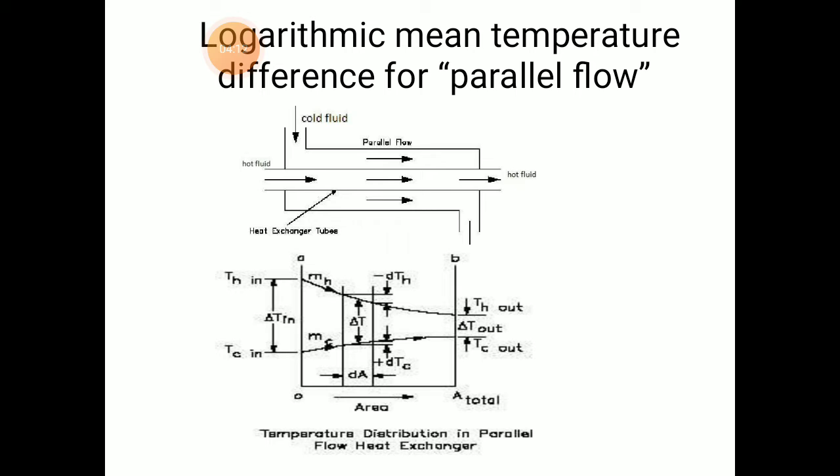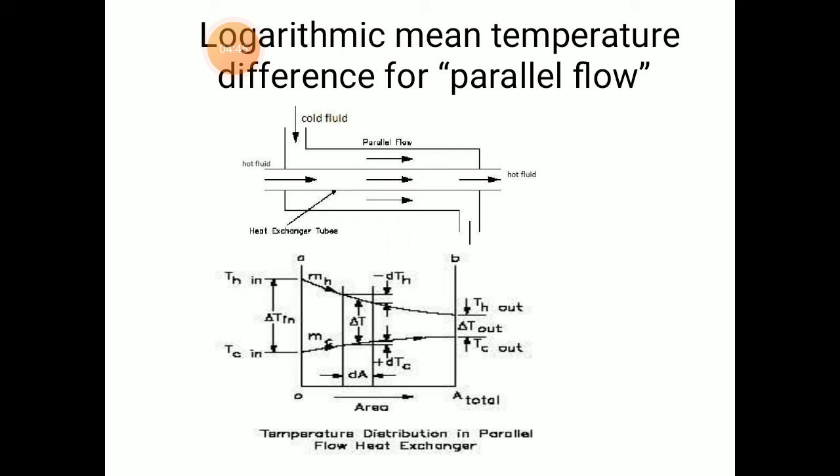So first, logarithmic mean temperature difference for parallel flow. Observe the first figure. When hot fluid flows from left to right, at the same time cold fluid is allowed to flow through the annulus region, so heat exchange takes place between hot fluid and cold fluid through the wall of the inner tube, and hence cold fluid becomes hotter and hot fluid becomes colder, right?